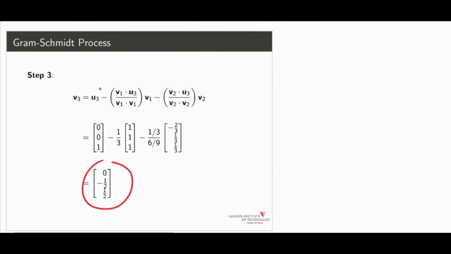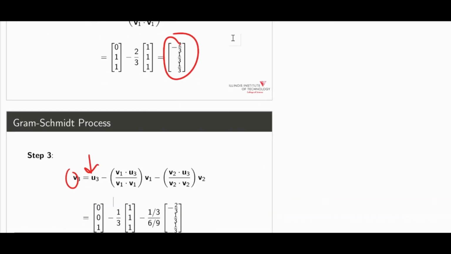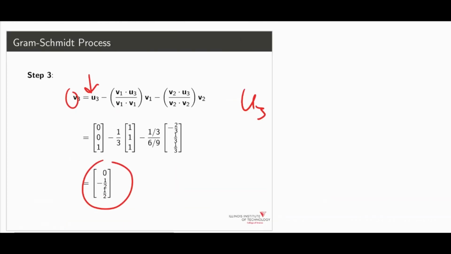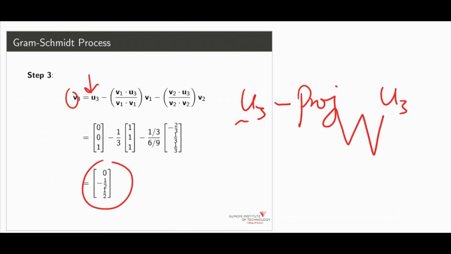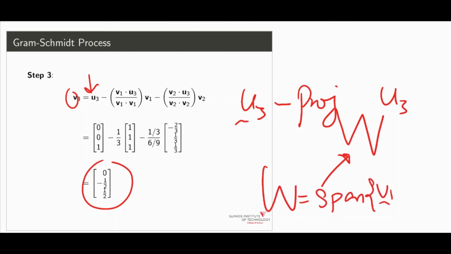The Gram-Schmidt process says that V3 is U3 minus the projection of U3 onto the space that is spanned by V1 and V2. So we do that computation. This is U3, minus the projection of U3 onto a vector space spanned by the previous two vectors, V1 and V2, which have to be orthogonal before you can use this projection formula.